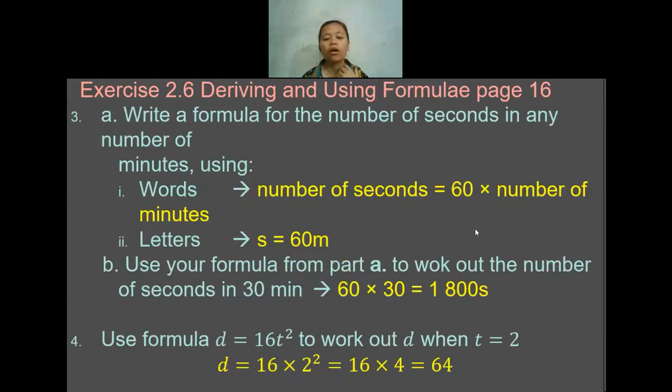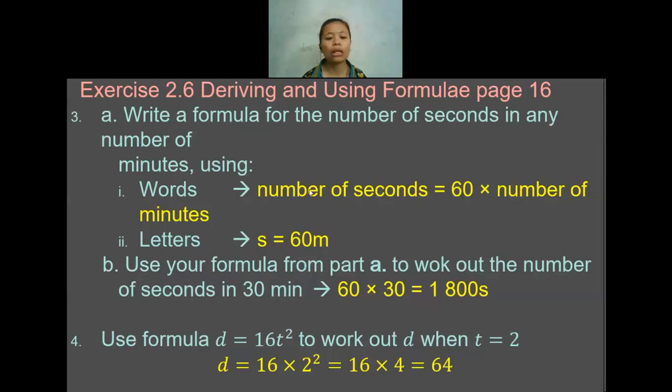For the question 3 in here, we have to write a formula for the number of seconds in any number of minutes. Before you make a formula, you have to find the relationship between the number of seconds and the number of minutes. You know that 1 minute is equals to 60 seconds.